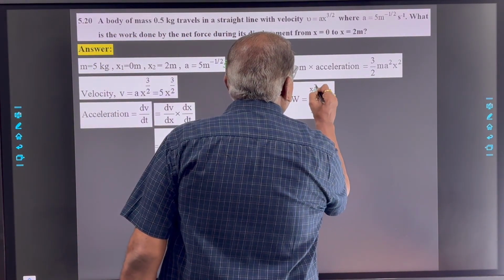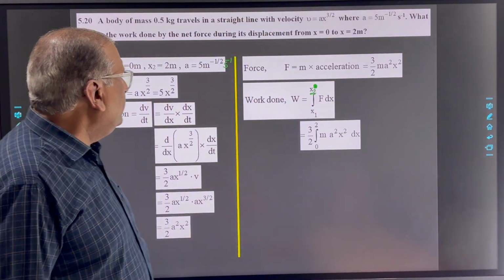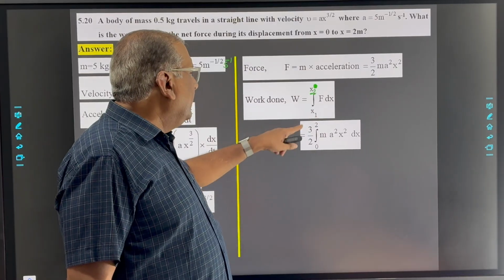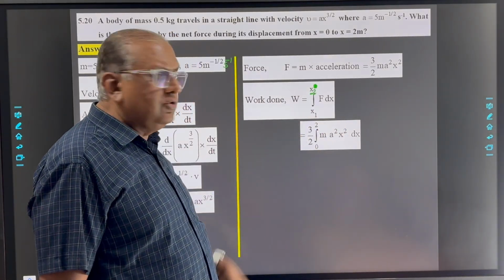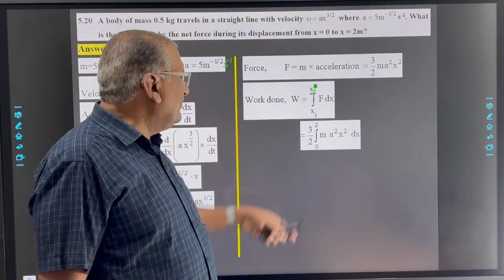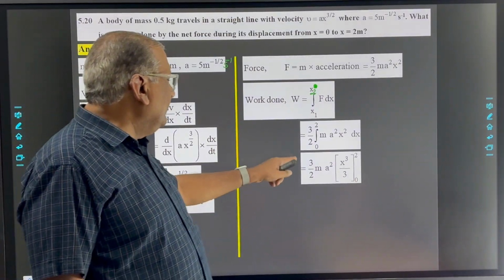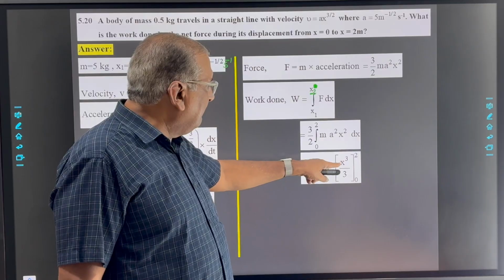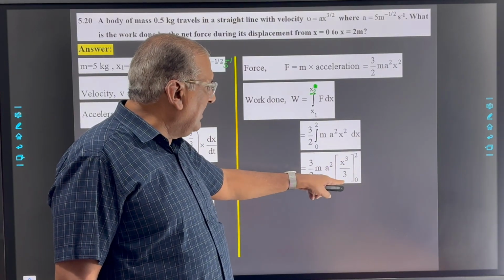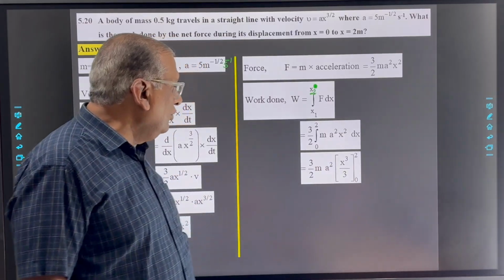Clear? Now here substitute the values. F, that is 3 by 2 m a square x square dx, limit 0 to 2. m a square is constant, integrate x square. So you will get 3 by 2 m a square, integration of x square, power is increased by 1 and then divided by the power. So x cube by 3 and limits 0 to 2.